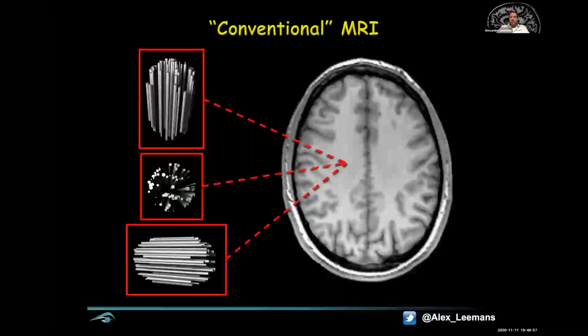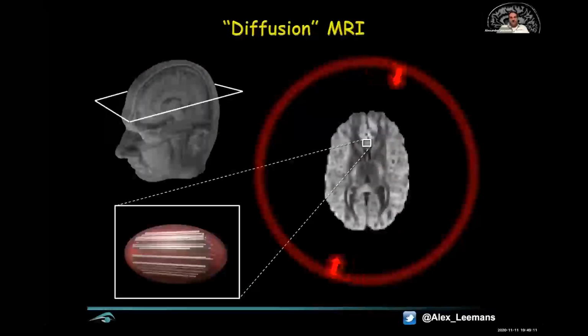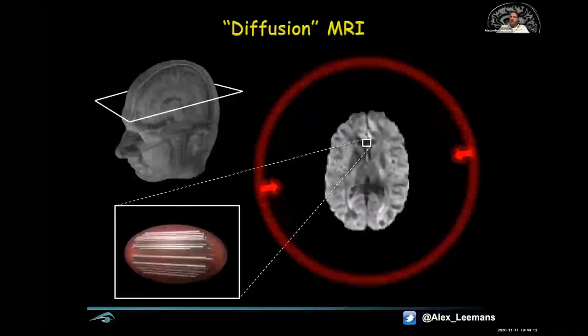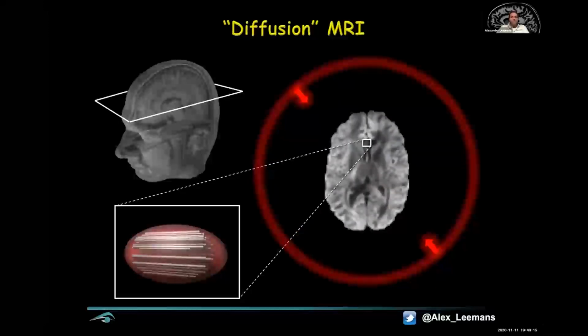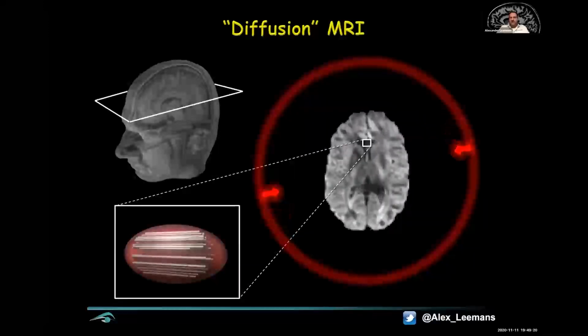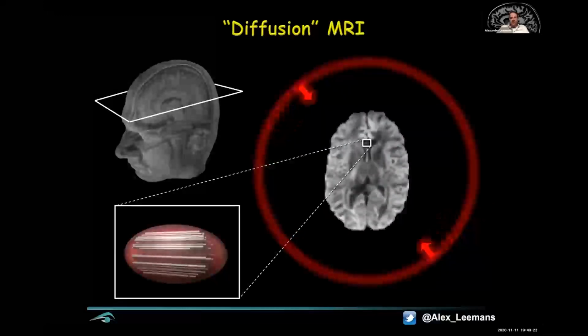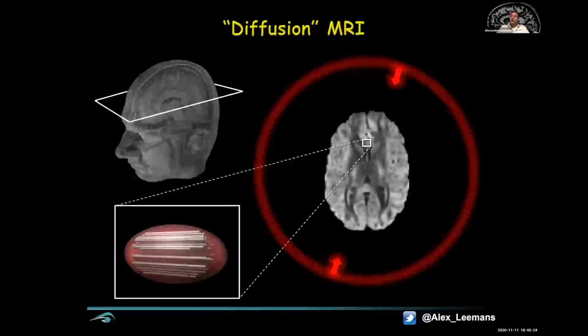But if we have access to diffusion information and can infer the orientation of the diffusion, then we can make the assumption that this is due to the organization of the underlying pathways. So what we do in practice is acquire MRI data along many different orientations, looking at the amount of diffusion in many orientations, and by getting that information, these projections, we can calculate back what the three-dimensional diffusion profile is.